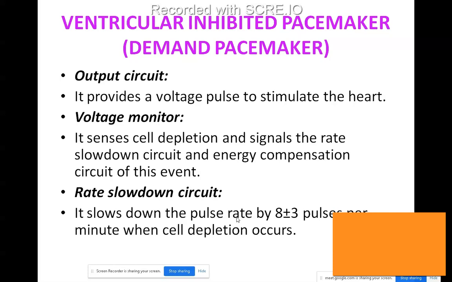That means if the voltage value is more, it will compensate the circuit to decrease that voltage value. If the voltage value is low, then it will make the circuit provide a higher voltage. So that will be monitored frequently by the voltage monitor circuit.